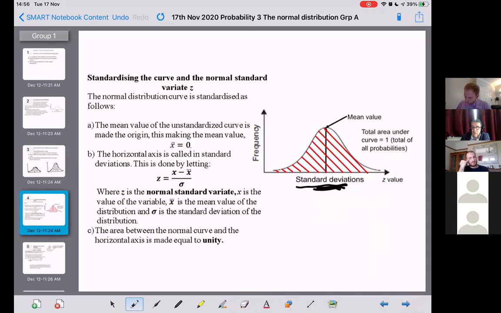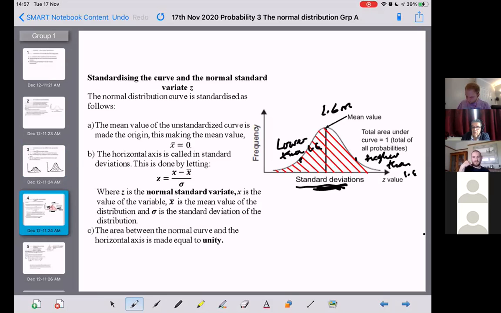If this is the mean value, let's say the mean height of a group of people is 1.6 meters. Anyone over this way is taller than 1.6, and any data over this side, for instance here, is lower than 1.6.